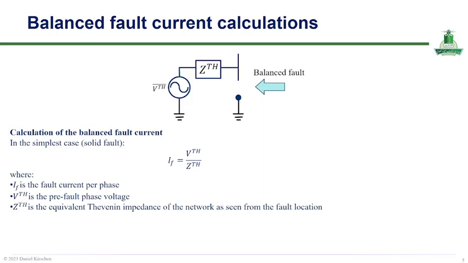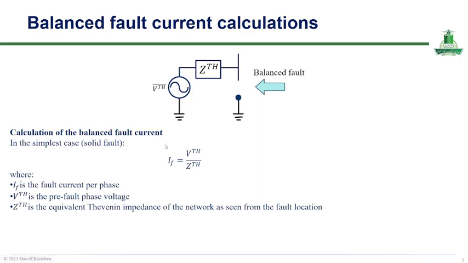In this slide, I want to present the calculation of the balanced fault current using the Thevenin equivalent model. In the simplified case, known as a solid fault, where the fault impedance is assumed to be zero, the fault current per phase can be determined by dividing the Thevenin voltage by the Thevenin impedance.